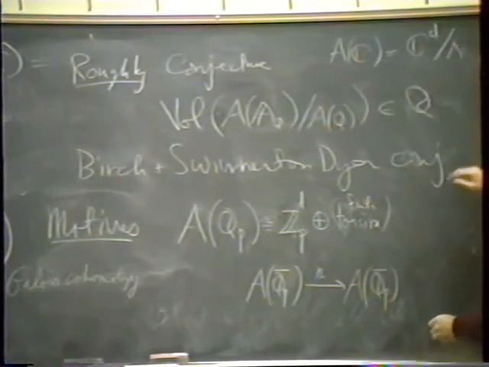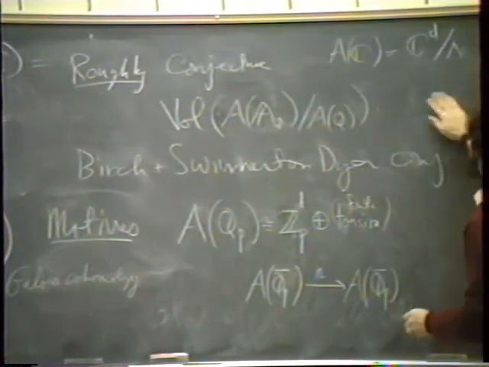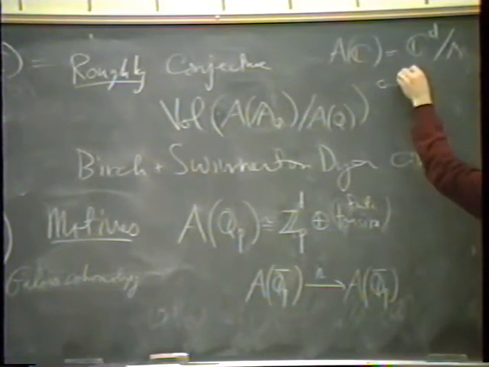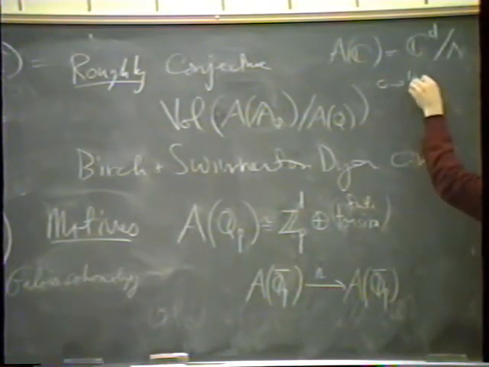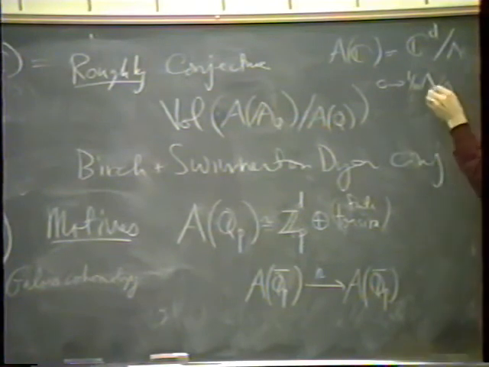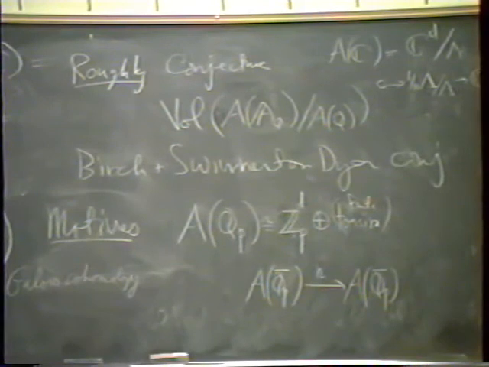What would happen is I would get a little exact sequence: 1 over n times lambda divided by lambda goes to CD mod lambda goes to CD mod lambda goes to 0. I get a little exact sequence like that, where this is multiplication by n.